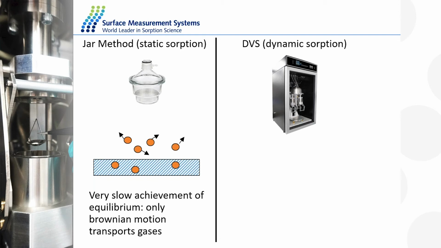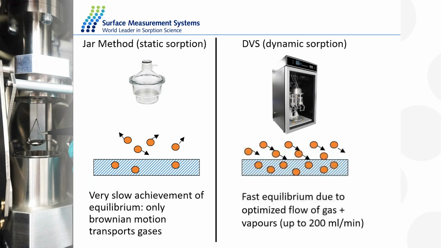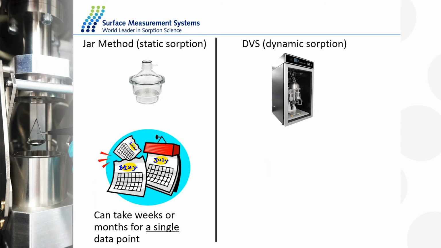The molecules diffuse inside the desiccator from the air to the sample, while in a DVS, we use a constant flow of carrier gas, about 200 milliliters per minute of nitrogen or air, that carries the molecules of water to the surface of the sample and allows for the absorption. So the difference is not only in amount, but also in the way the equilibrium is reached. And the time required for the sample to reach equilibrium makes a big difference.